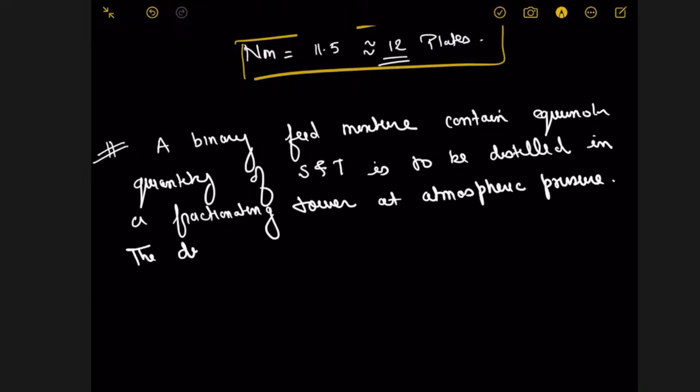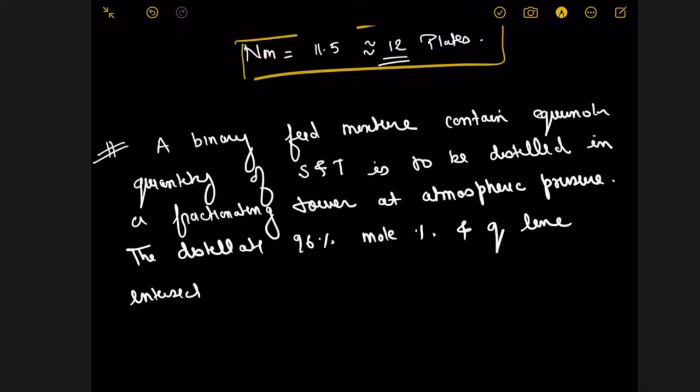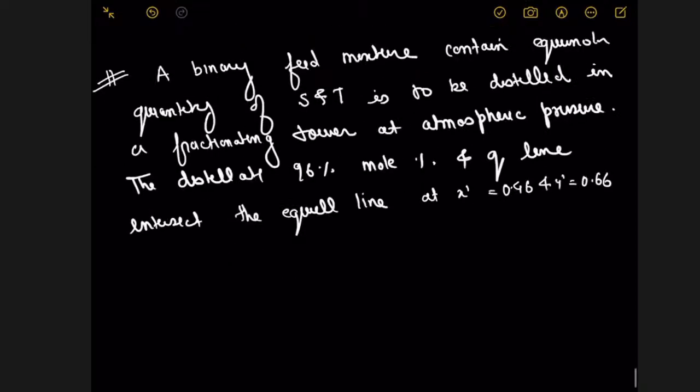The distillate is 96 mole percentage, and the Q line intersects the equilibrium line at x dash equals 0.46 and y dash equals 0.66, where x dash and y dash are mole fractions.